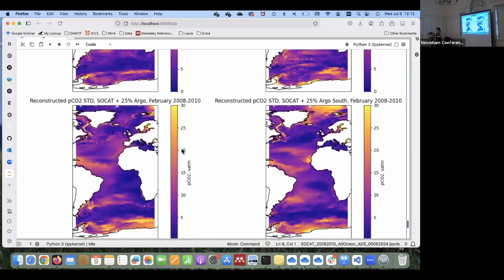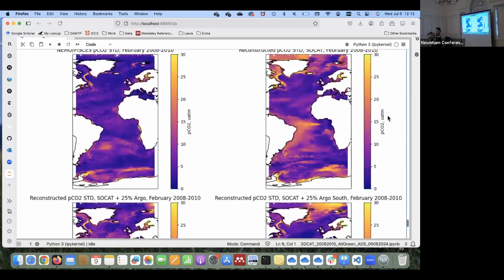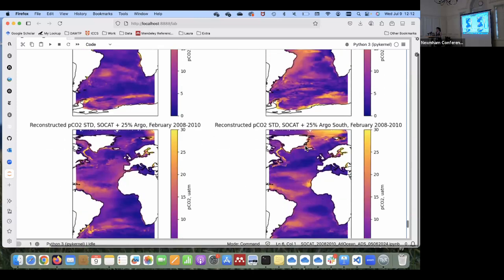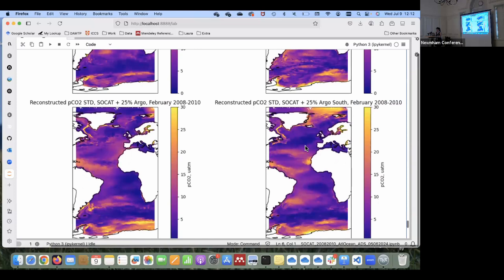And this is again a more visual comparison, but ship-based data only is sparse both in space and in time. It does not necessarily do a good job capturing that spatial and temporal variability, which is not surprising.